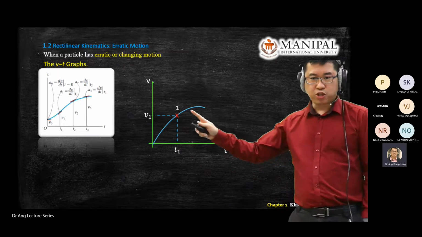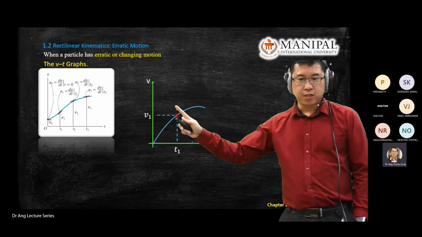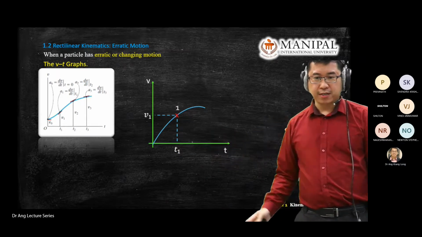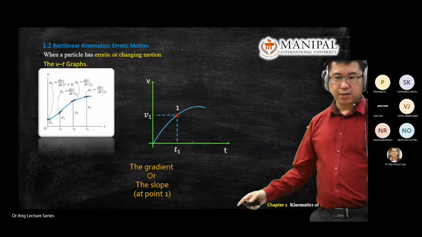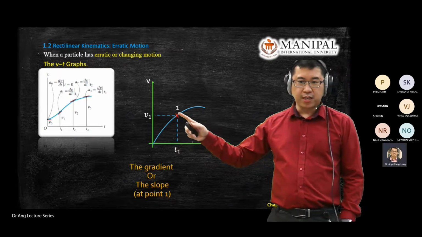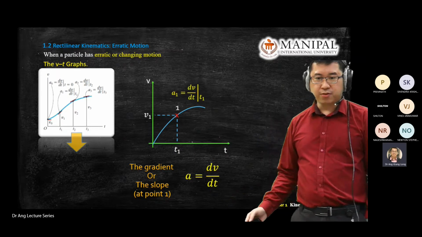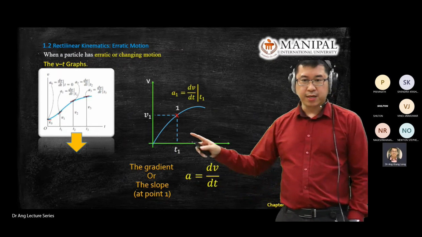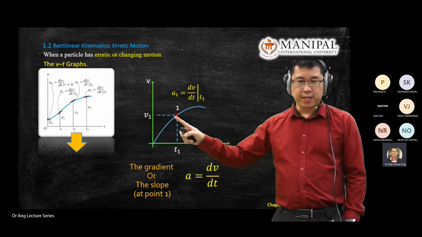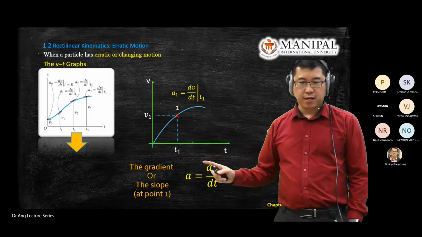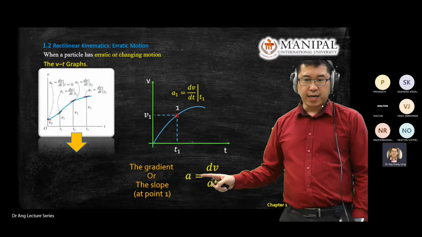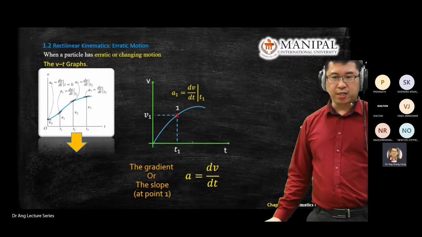If you find the slope of this line, you take dV/dt, you'll get acceleration. You take the slope at this point, or gradient at this point, you'll get A equal to dV over dt.